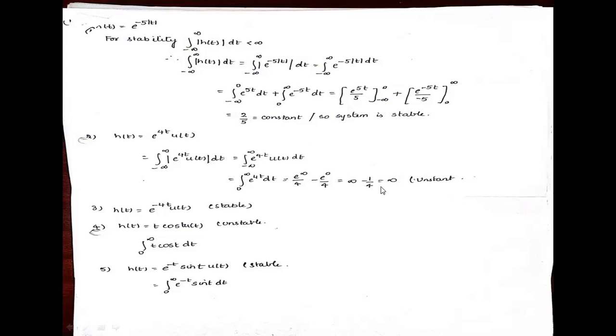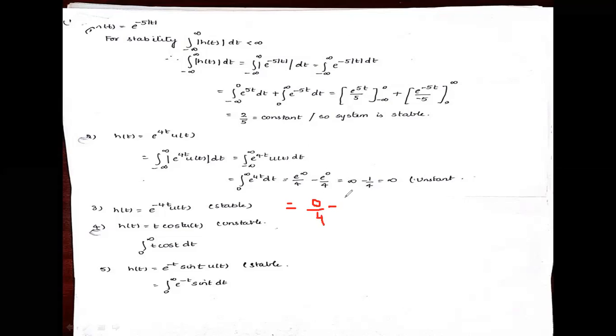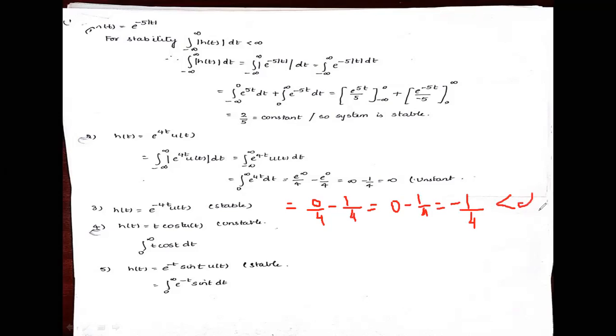Okay, it is not equal to infinity, my dear students. They are saying it is not equal to infinity. How can it be infinity? The magnitude, e power infinity, is 0. They wrote it is infinity. Okay, it is wrong. E power infinity is 0. So 0 by 4 is 0, minus 1 by 4 is minus 1 by 4, which is less than infinity.